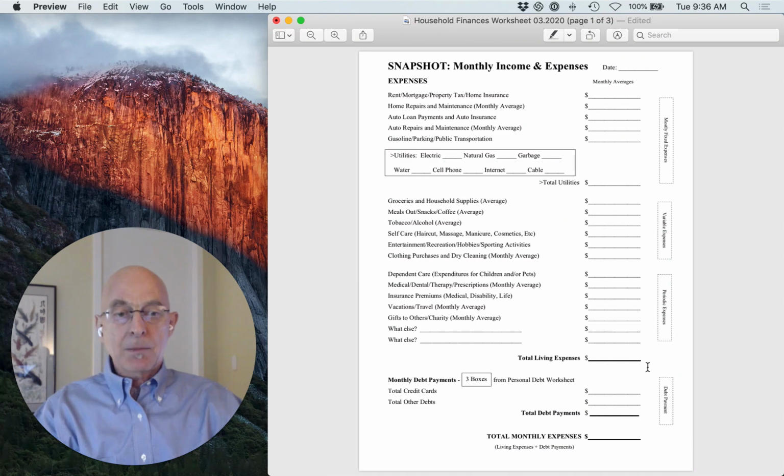Okay, so let me come down here now to the debt payment. Actually, before I do that, if you're working with a client who is a couple and they keep separate finances, I would encourage you to go to my website and print off the 2-column version of this snapshot.